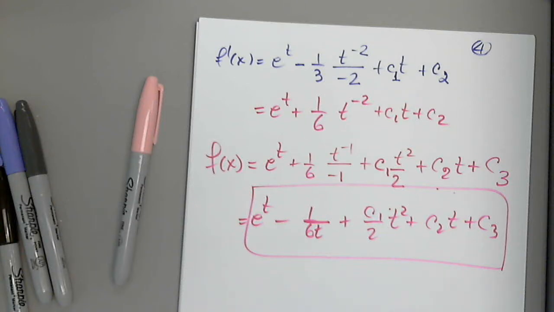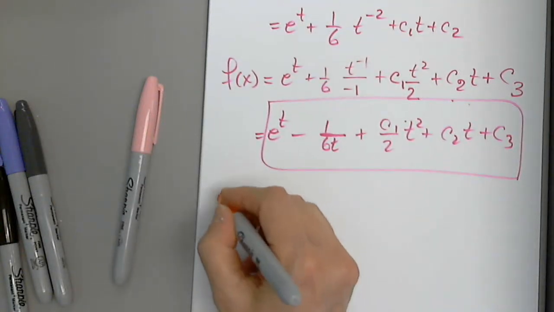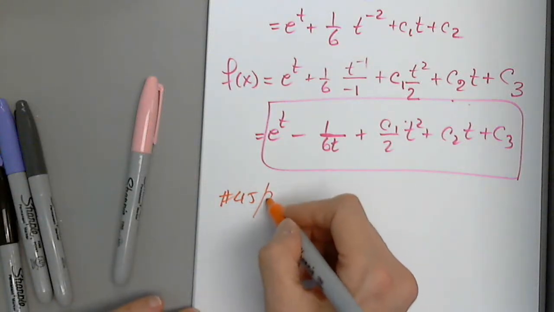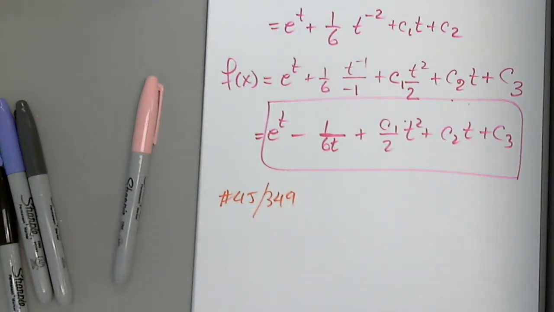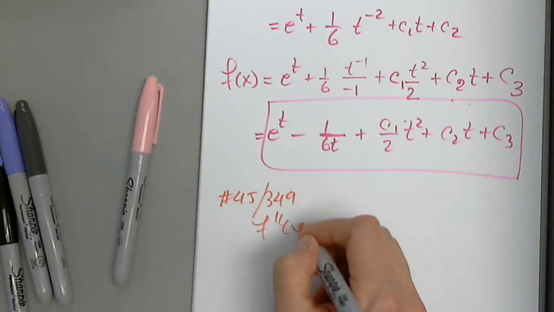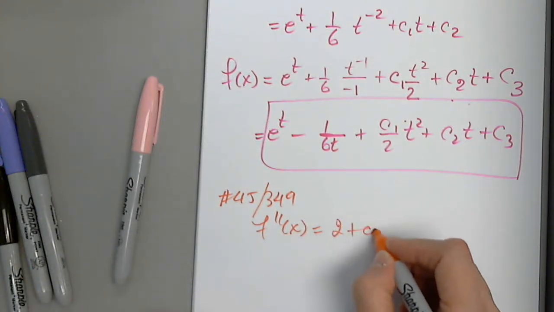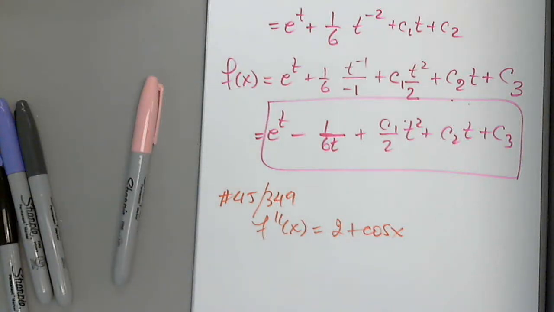So let's also look at 45. Same page, 349. So we have the second derivative this time, which is 2 plus cosine x. And we're given f of 0 is -1.